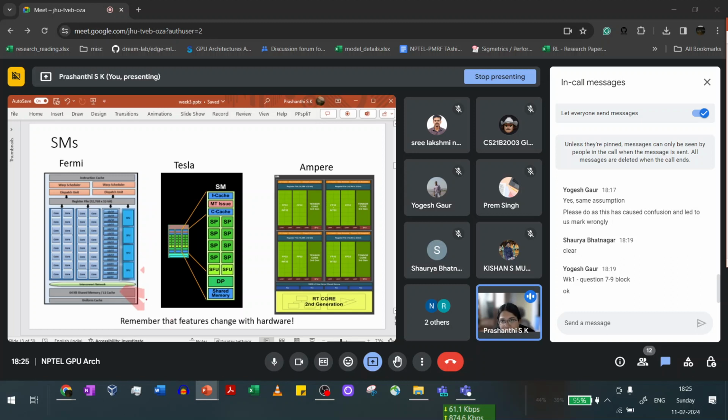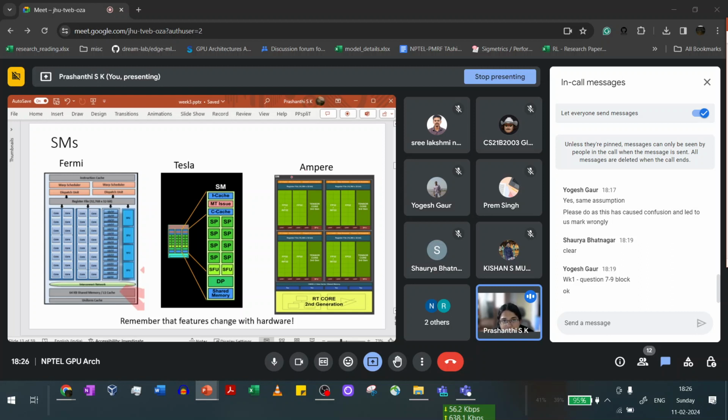And remember something that I want you to keep in mind: we might be going through certain architectures in the course that are fairly old. This is the case with most textbooks and most courses. They might use some standard architecture, but remember that that architecture might be very, very old. So something that you can always do is to refer to white papers or architecture diagrams of the latest architectures.